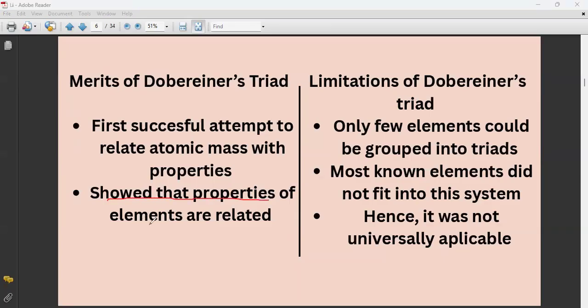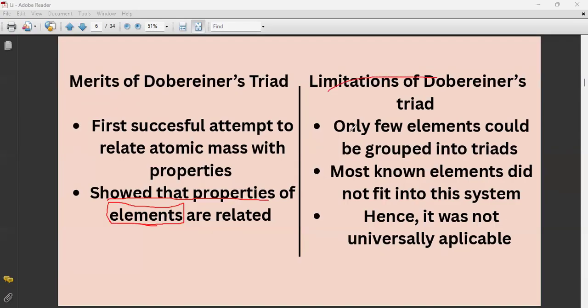He showed that there are some chemical and physical properties which are similar among other elements. This was the merit of Dobereiner triads, whereas there were also some limitations.